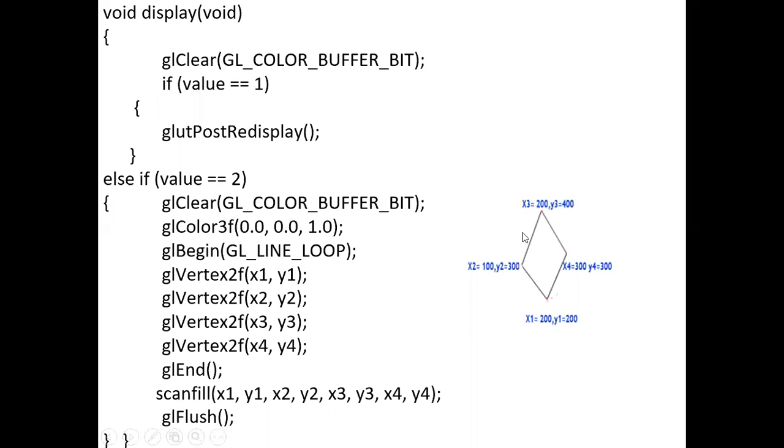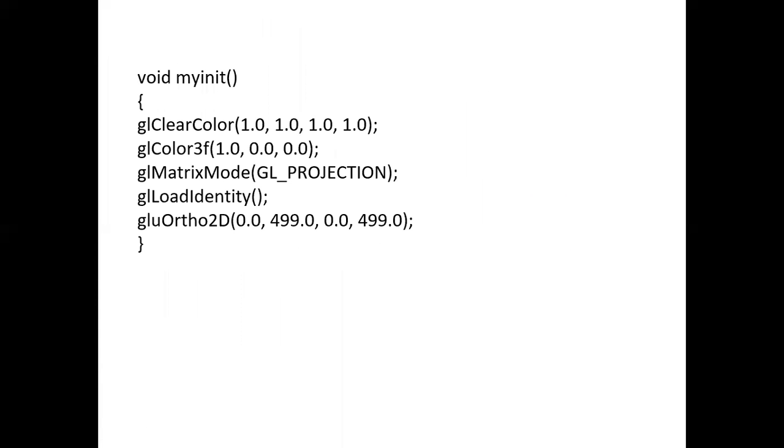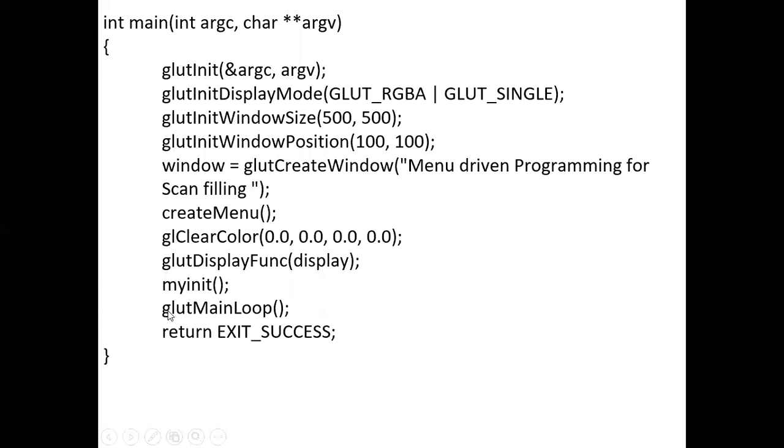If value is equal to 2, I have to create my polygon. Once I am drawing my polygon, I will call my scan fill function. This scan fill function will in turn call the edge detect function in order to detect the intersecting points of every scan line, which further calls my draw pixel function in order to draw the pixels on the scan line.